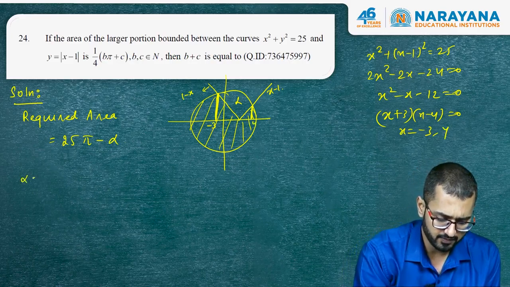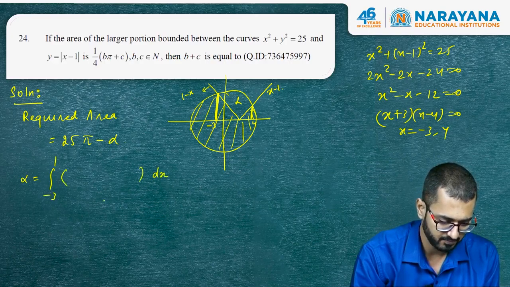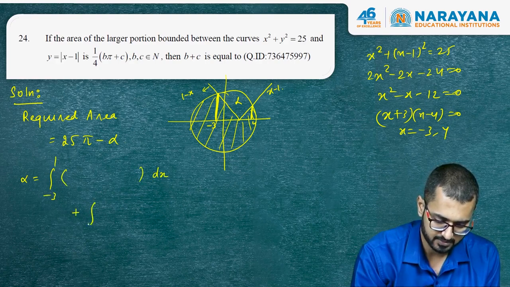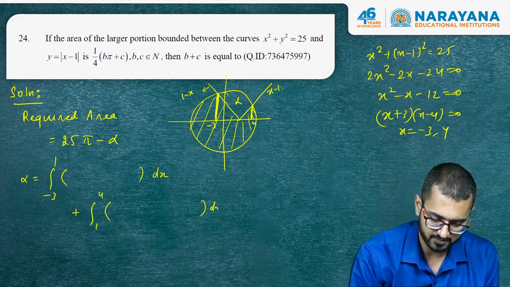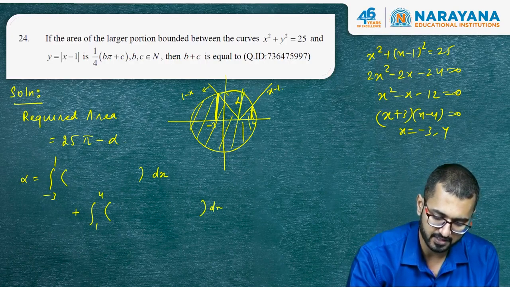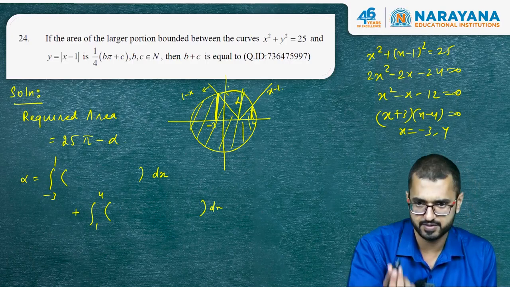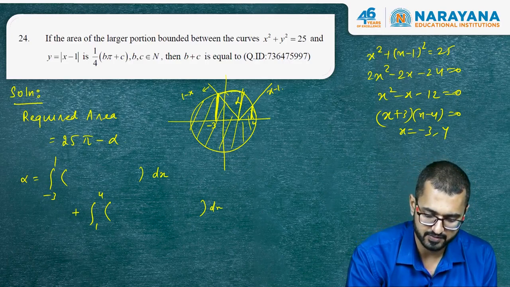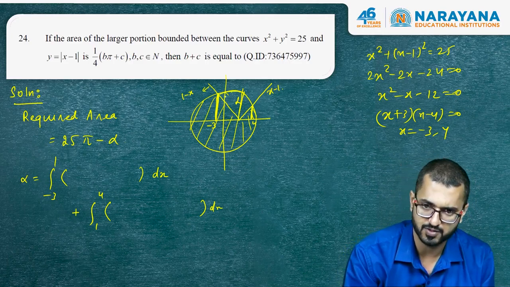So now for alpha we will write down, alpha will go from minus 3 to 1, upper curve minus lower curve, and then plus 1 to 4, upper curve minus lower curve. So what is the upper curve here? Up to here the upper curve is the circle and the lower curve is of course the lower one.